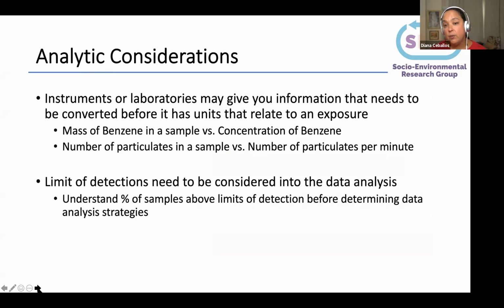Then you may need to understand what is the volume of air that you collected so that you can calculate the concentration of benzene with that information. It could be that an instrument only gives you a number of particles in a sample, and you need to calculate the number of particles per minute to be able to create a unit that is more related to exposure and easier to compare. And you can look at the literature for these.